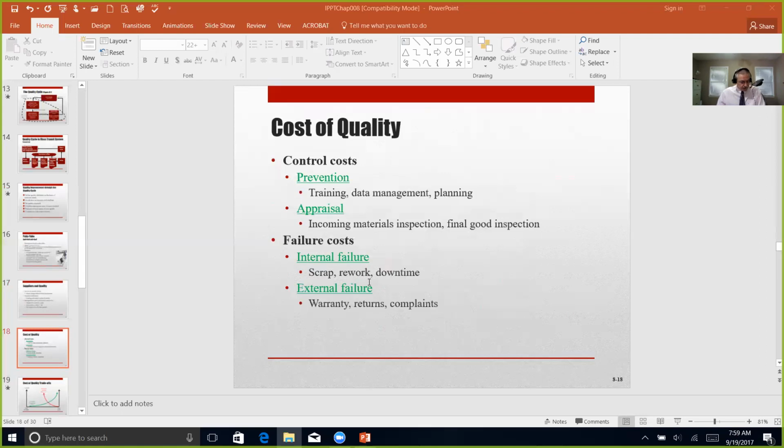But that's one way in which you can ensure that suppliers are building quality into the products that they're selling you, that you in turn are using to build your products, which goes to satisfying your customer needs. And again, customer satisfaction is really in the eyes of the customer.